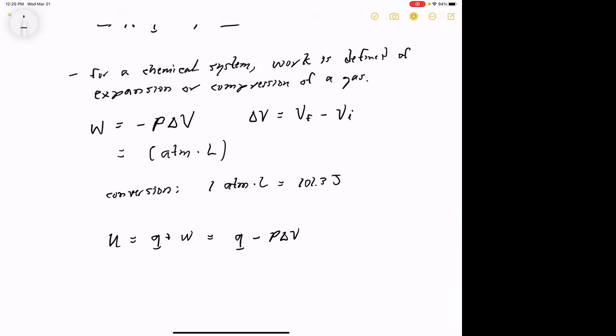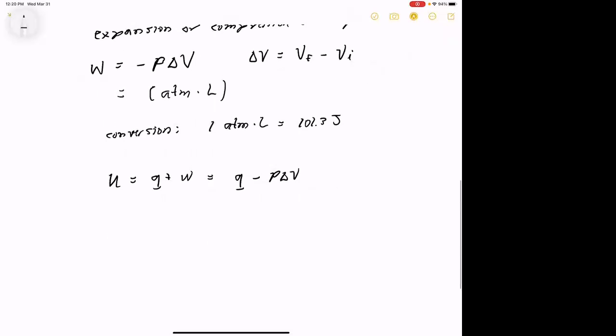So let's just look at a simple problem, and let's just focus on the work term. This is just a simple example that we can do. So I'll define it here.